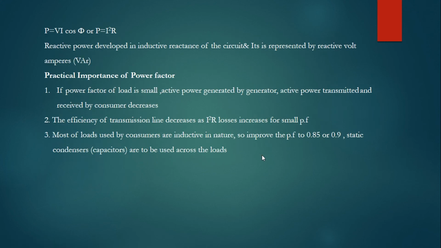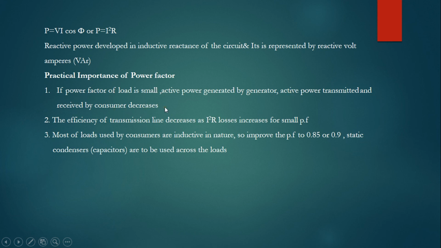There is a practical importance of power factor. The efficiency of a transmission line decreases and I square R losses increase for a small power factor. So I square R losses increase, efficiency decreases. If the power factor of a load is small, the active power generated by the generator, transmitted and received by the consumer decreases.